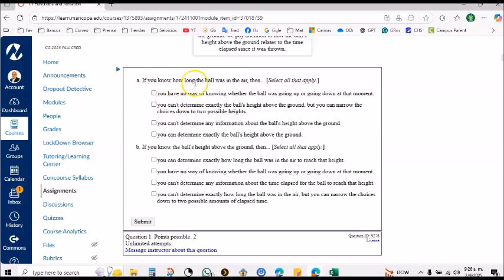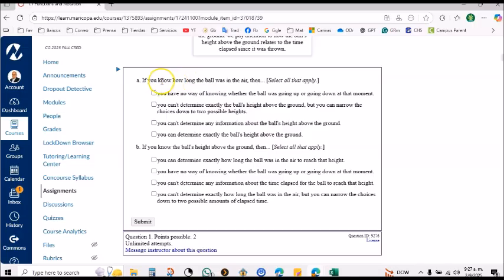So if you know how long the ball was in the air, you have no way of knowing whether the ball goes up and down. You can determine exactly the ball height above the ground. You can determine any information about the ball height, or you can determine exactly the ball height above the ground. What do you think?